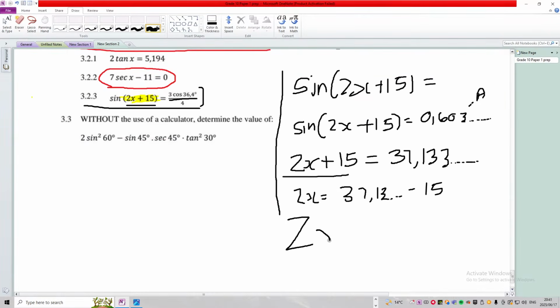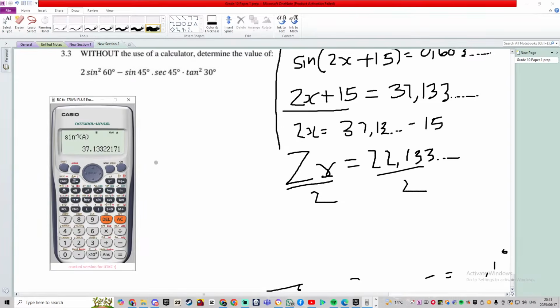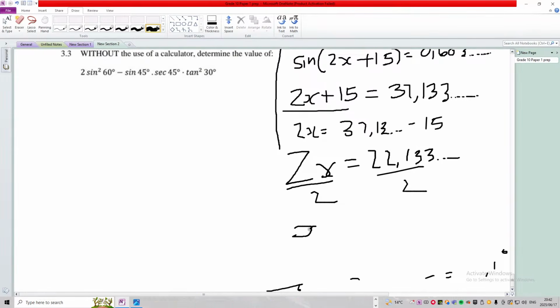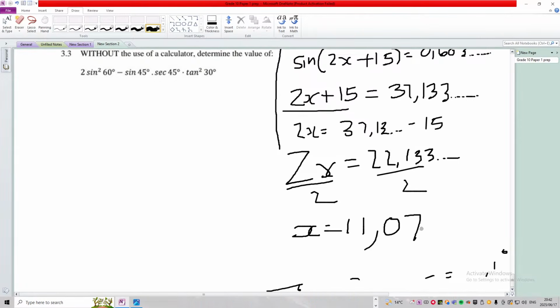Okay, so now I have 2x equals 22.133, and to find x, I can divide by 2. Do you see that? So now x is equal to 11.07 degrees.